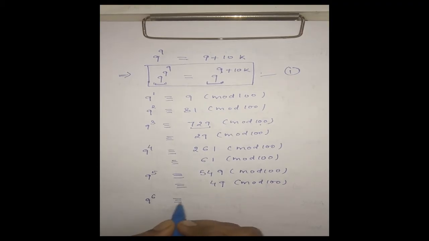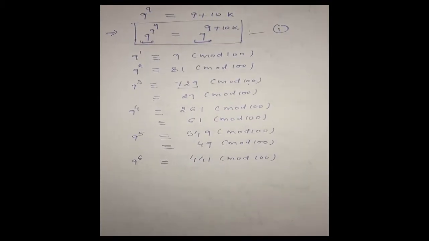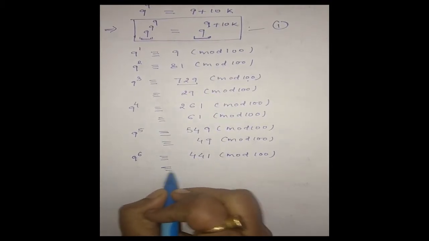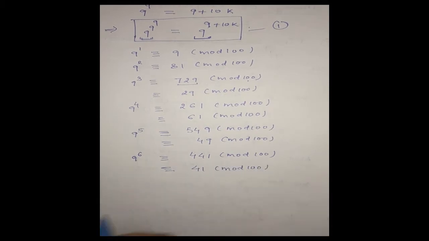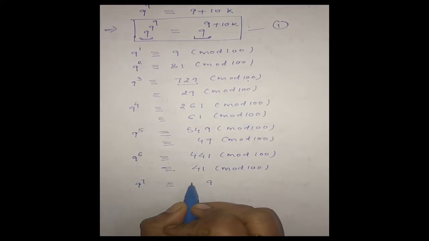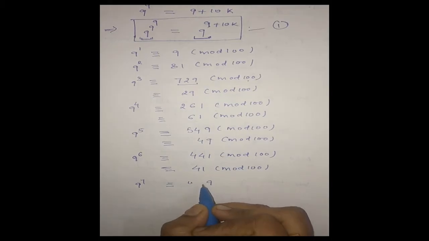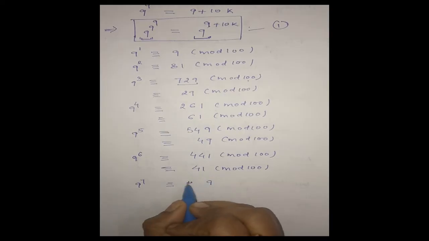Same way, 9 power 6, multiplying this by 9, we get, and on dividing by 100 and taking the remainder, this is 41 modulo 100. 9 power 7. 9 ones are 9, 9 fours are 36.